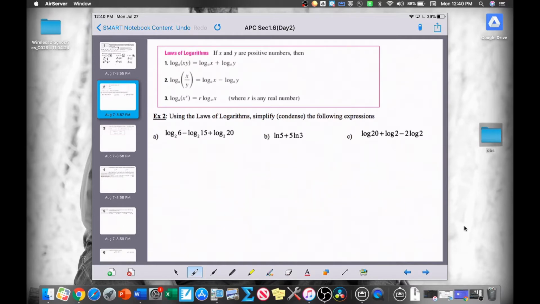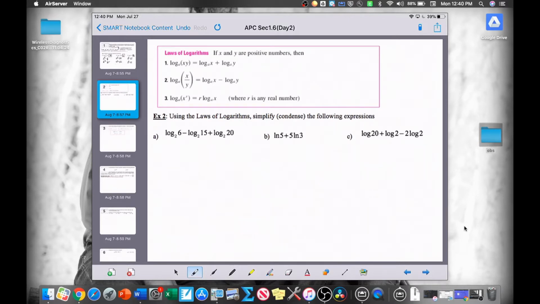Law number 2, log base a of x divided by y, so we have a quotient inside of our log, is equal to log base a of x minus log base a of y. Again, this is our quotient rule of logs. Division inside of a log expands to subtraction of two logs with the same base.